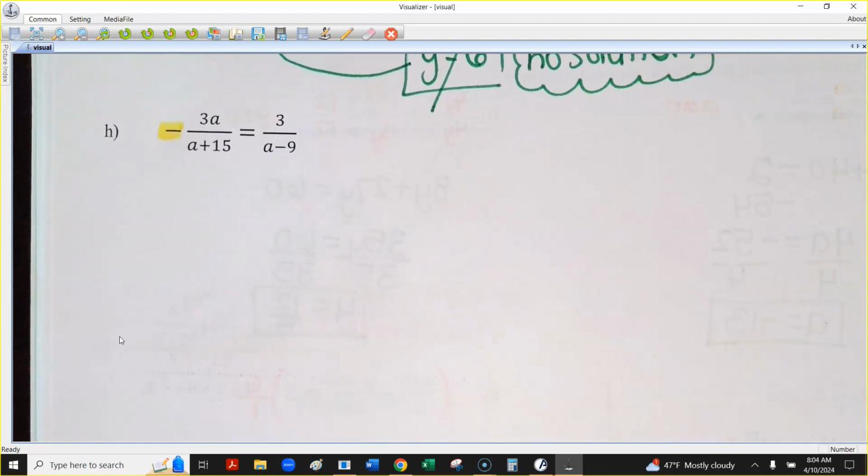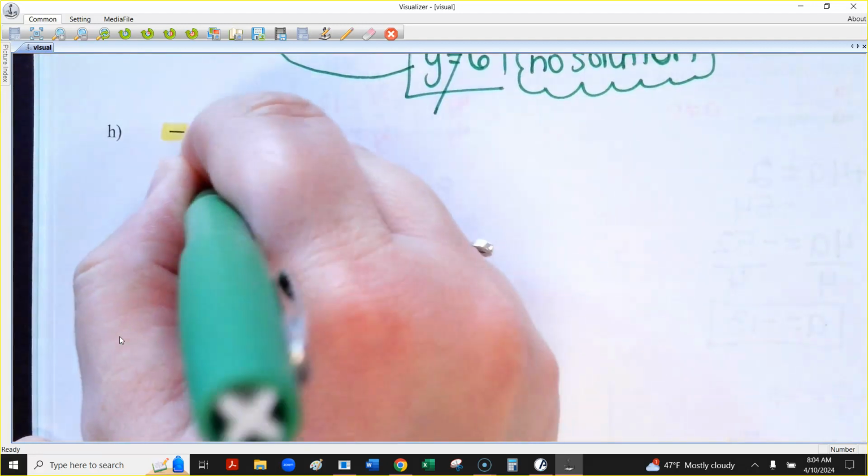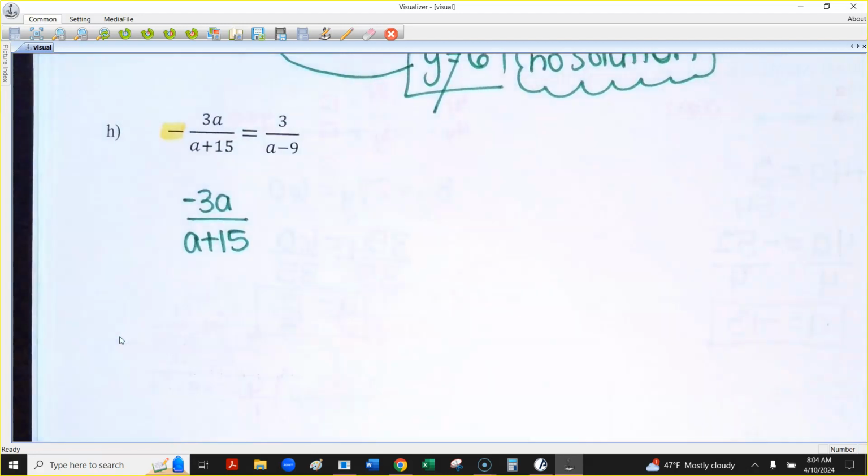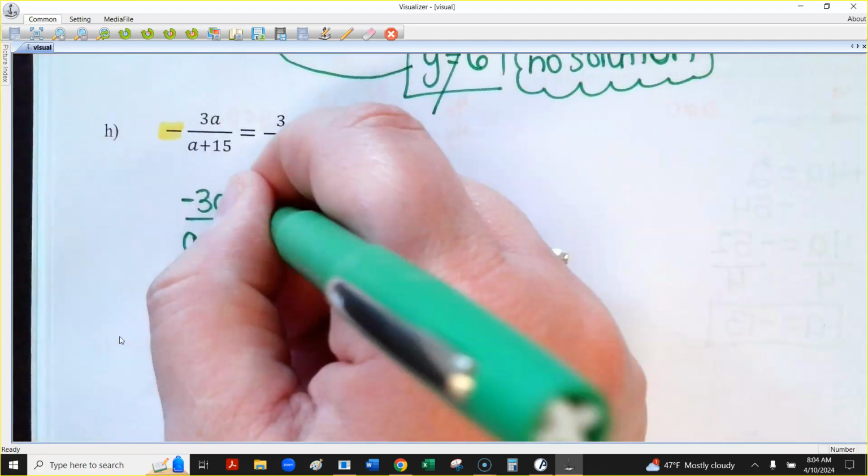If you've got two terms in the denominator, like I do, and just one in the top, the easiest thing I could tell you, and I usually attach it to the top anyway, is to think about this as negative 3a over a plus 15. Because if you put it in the top and the bottom, really then you're multiplying top and bottom by negative 1, which is not just a negative sign, because then I'm canceling it out. So just attach that negative either to the top or bottom.